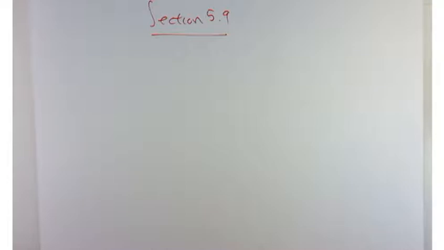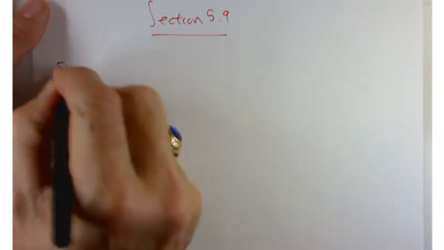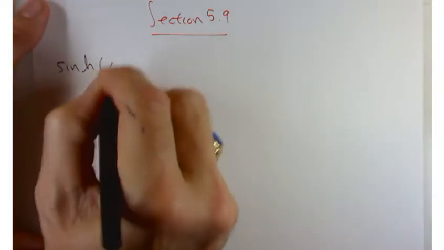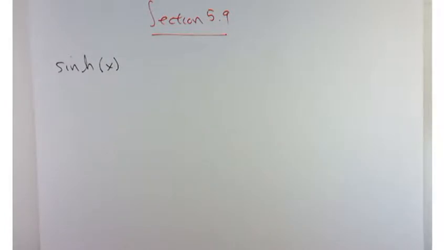So this is section 5.9. Hyperbolic sine looks like this. Sine, and then you've got that h, because it's no longer just the regular sine and cosine that are functions of the unit circle that you're used to.